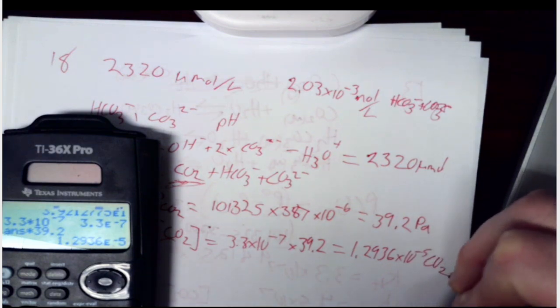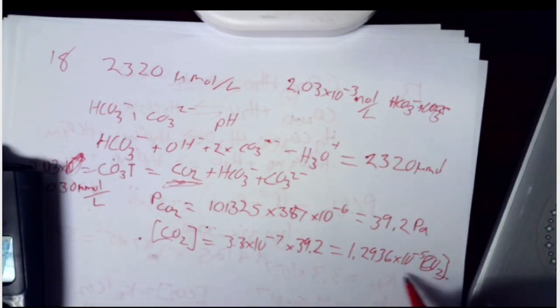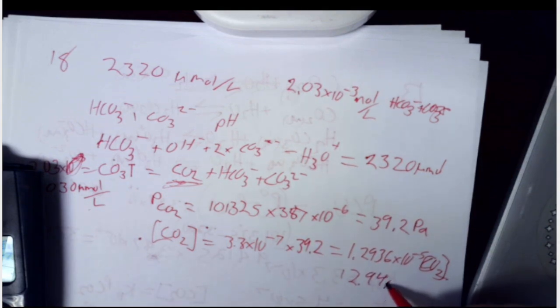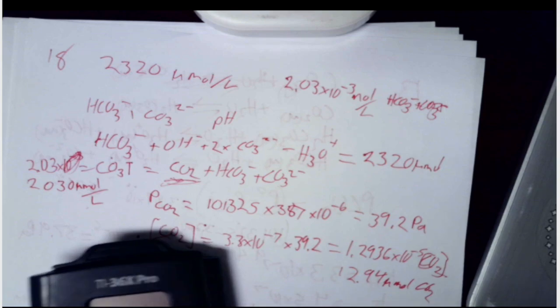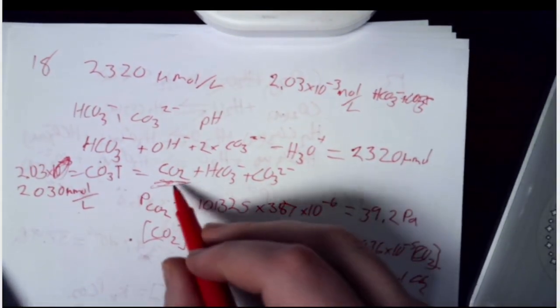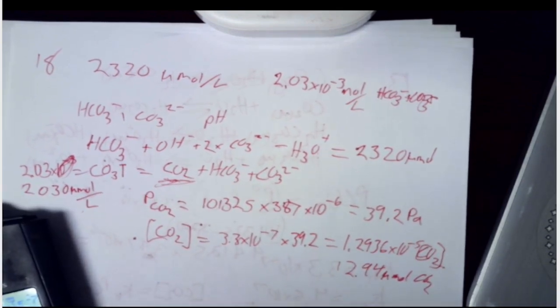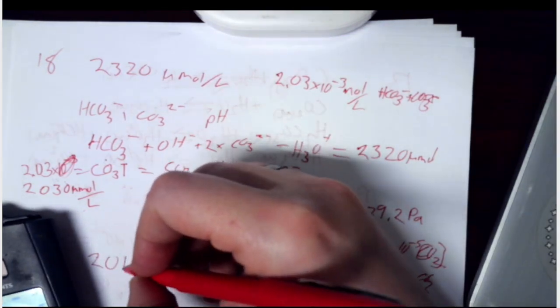That's the CO2 concentration, which is 12.94 micromoles of CO2. So if I subtract that out from the total, 2030 minus 12.94, that means we have 2017.